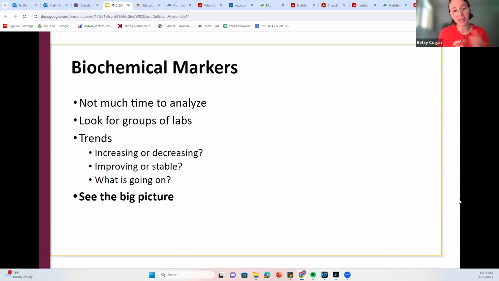It's not just that your triglycerides are high and your glucose is high. What does this mean in terms of disease state? And what does this mean in terms of what we do nutritionally? If I saw high triglycerides and high glucose, I might think maybe this person is insulin resistant, maybe they are pre-diabetic, maybe they are diabetic.